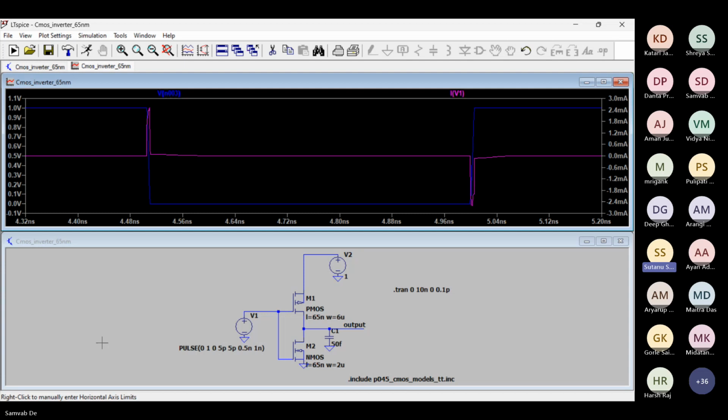Because of this high frequency, the impedance, the CGS impedance between the gate and the source of this PMOS is quite low. So there is some signal path from V2 to V1, and some current flowing from V2 to V1, as V1 is going low and V2 is at 1 volt.